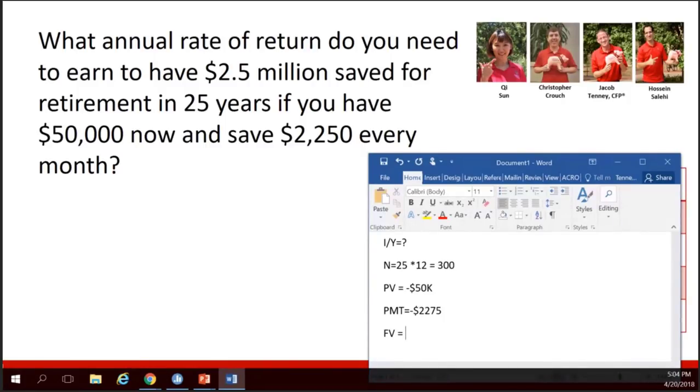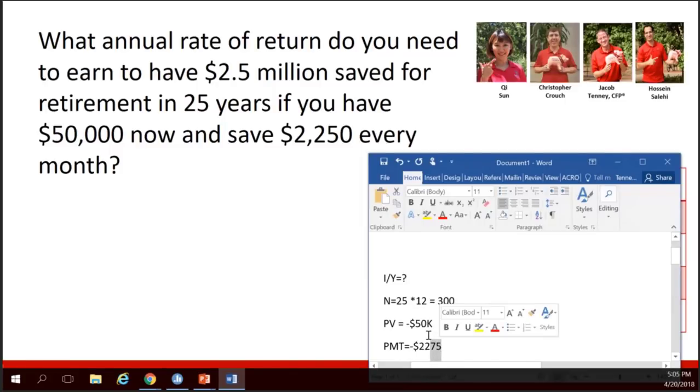What is your future value? 2.5 million. Exactly. So if you solve for this, what is the answer? Does anybody have a calculator here? 2250.